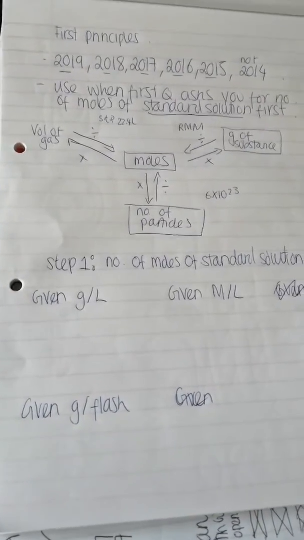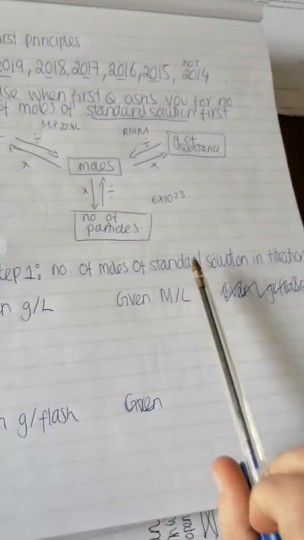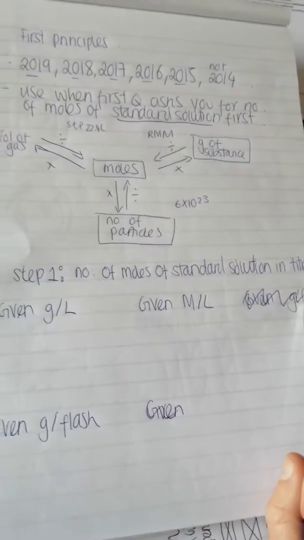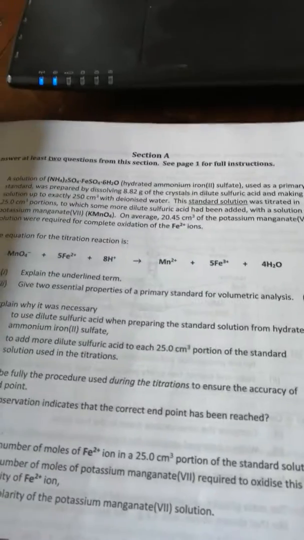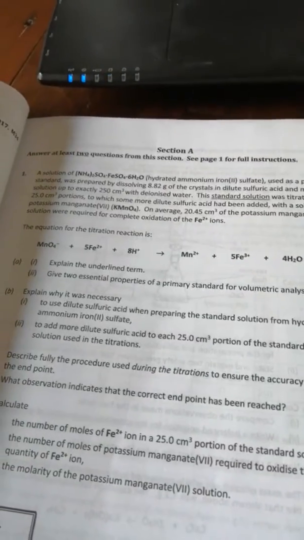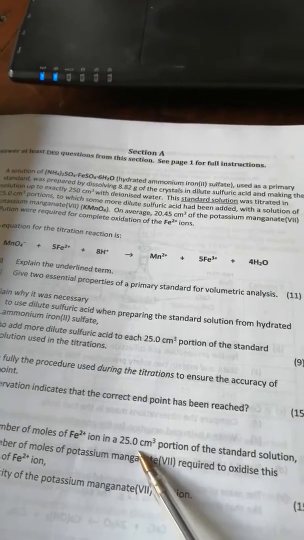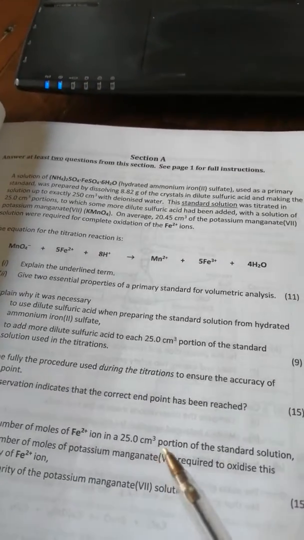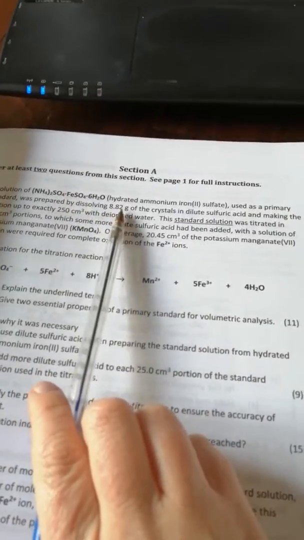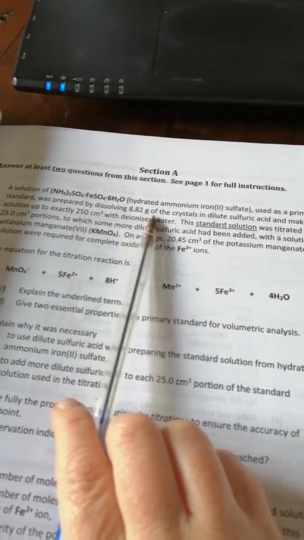Okay, so we're on 2017 and we're trying to find the number of moles of the standardized solution in the titration. If we look at the 2017 question, it asks for the number of moles of iron in the 25 centimetres cubed portion that was used in the titration. If we read through, what we've been told is we have the grams in the flask.